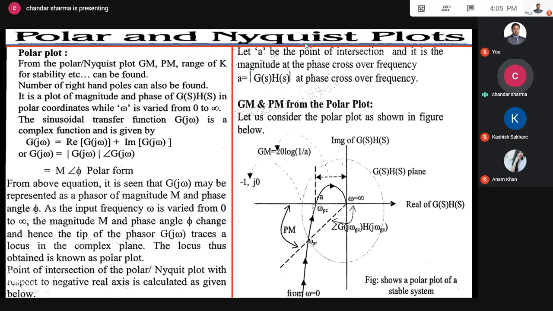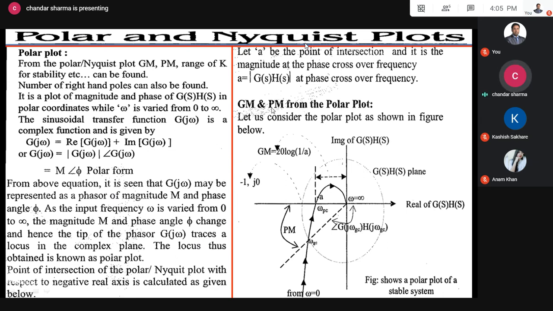Point of intersection of the polar or Nyquist plot with respect to negative real axis is calculated as given. So suppose we take A as the point of intersection, and it is the magnitude at the phase crossover frequency. So A is equal to magnitude of G(s)H(s) at phase crossover frequency, or GM.